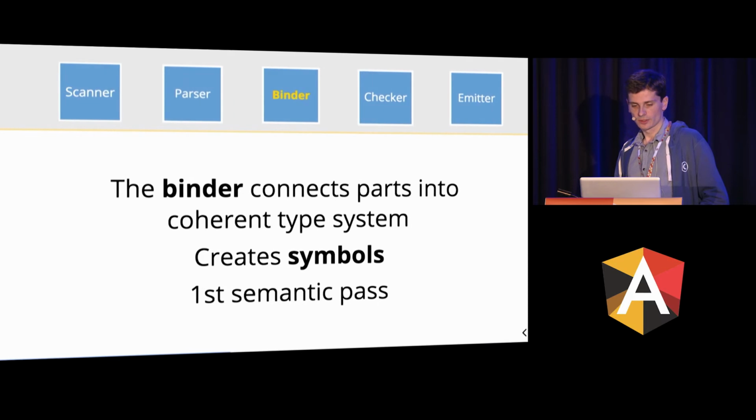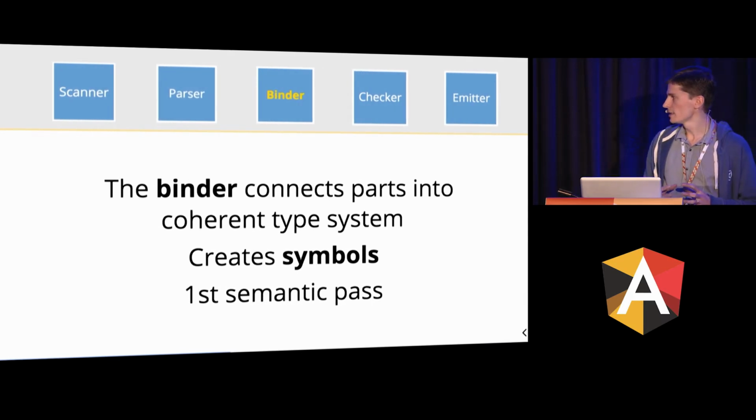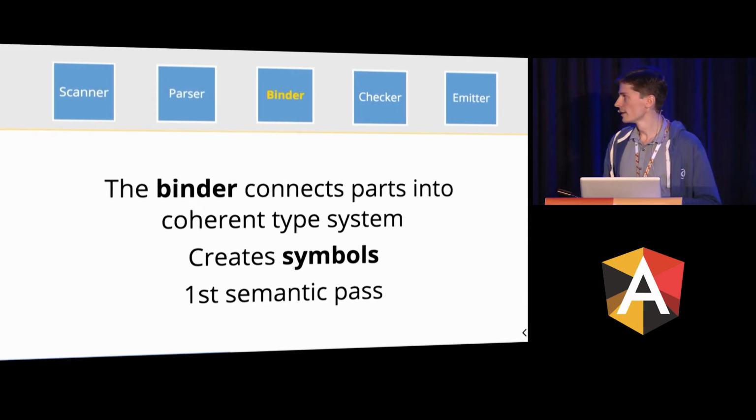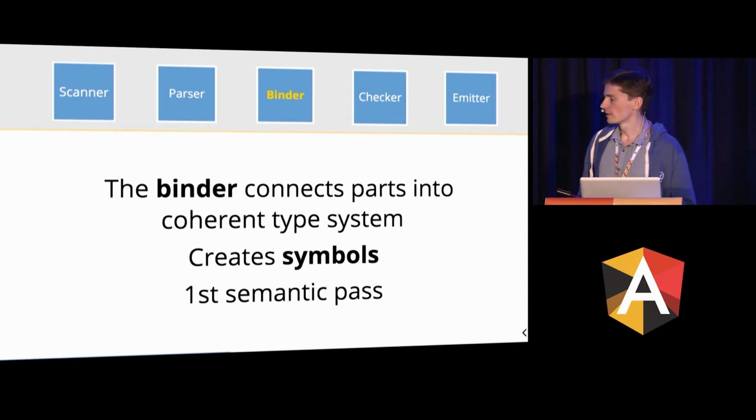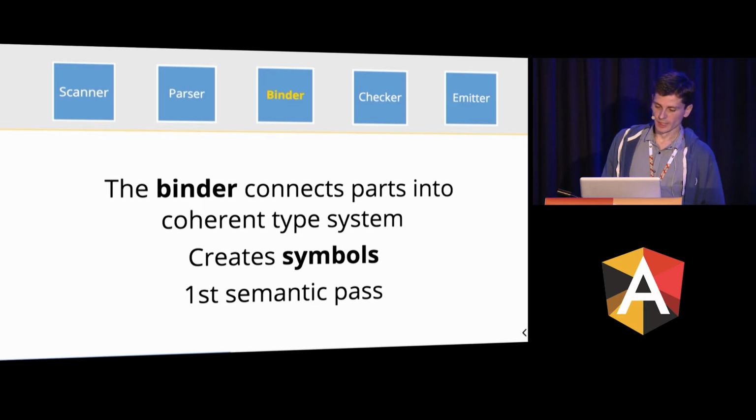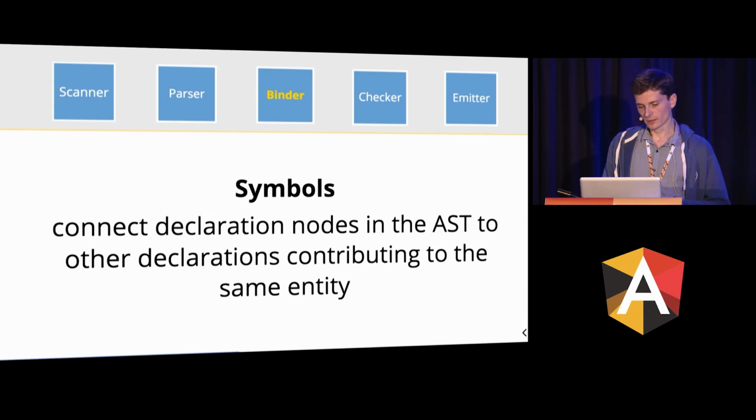The next phase after parsing, once we have the AST, is the binder, which starts the first semantic pass of TypeScript, trying to connect each node with its relationships. For that, it creates symbols. These symbols are connection declarations between nodes, which help enhance, for example, nodes that are related to the same entity.